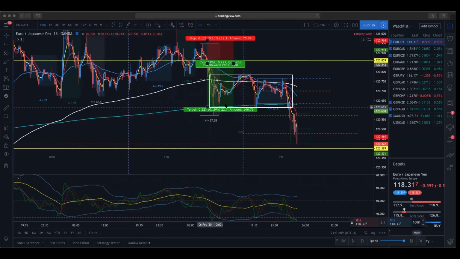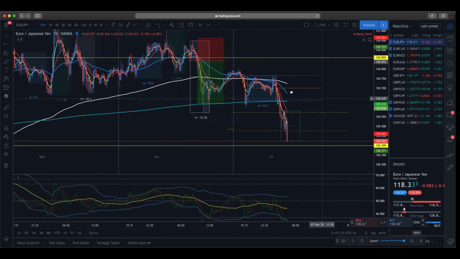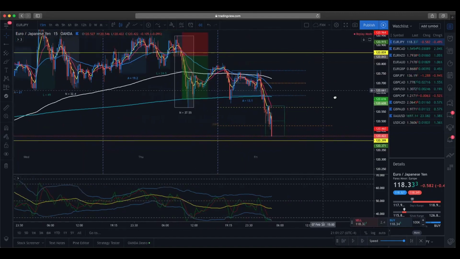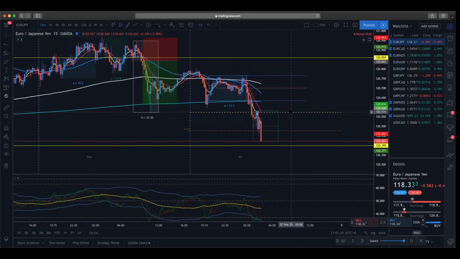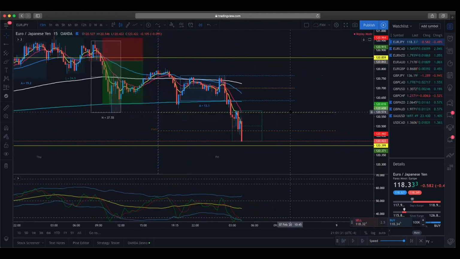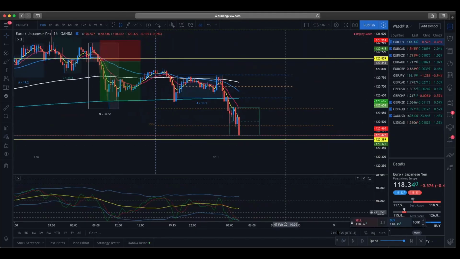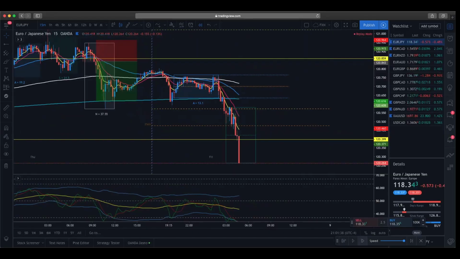Do you have the emotions to hold it past this? Because if you don't, and you're just going to get out anyways, you might as well just take profit here and call it a day. Which I think is what I would have tended to do myself. And then I would have blown it on Friday because I'm a New York trader, so that's already gone, unless there's going to be a pullback and then another run. So let's see what happens.